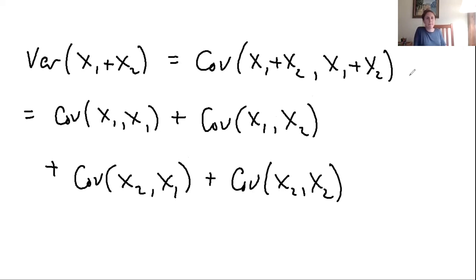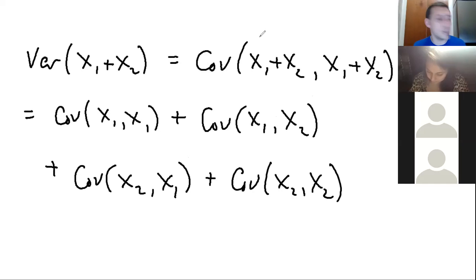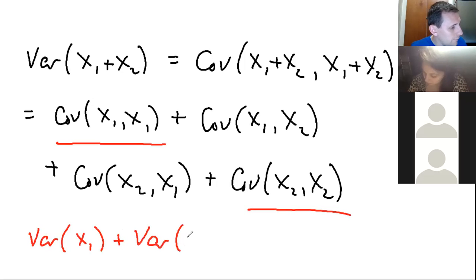Yes? Now I can group some of them, right? If I see the same letter here, so for example, what is this one and what is this one? I can put them together, and I see that this is variance of x1 plus variance of x2.